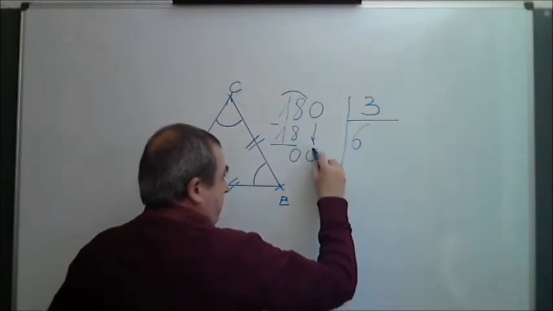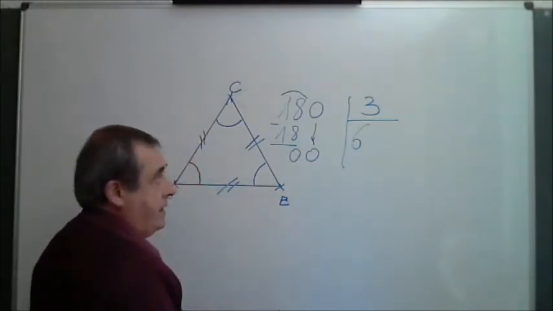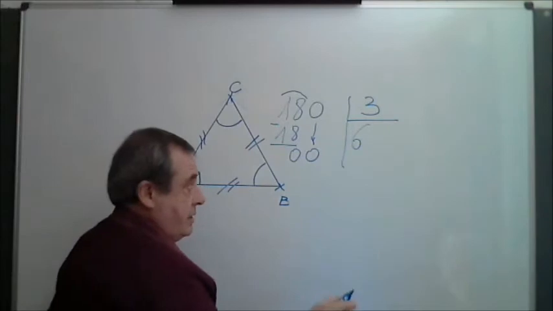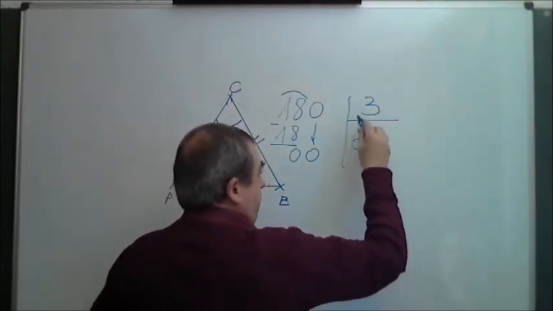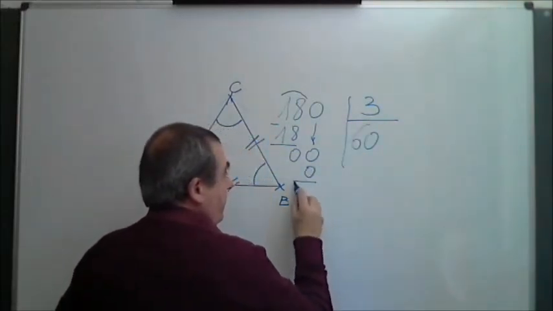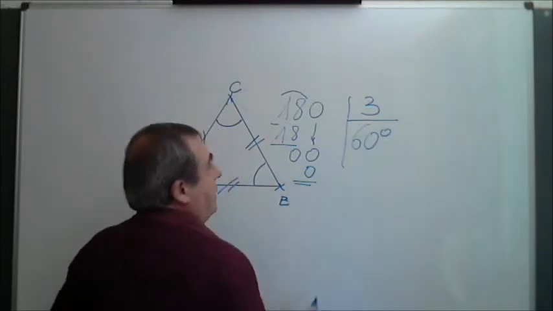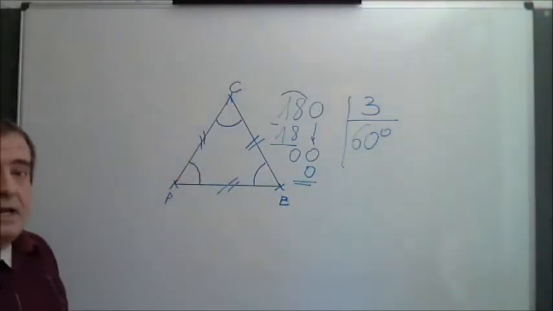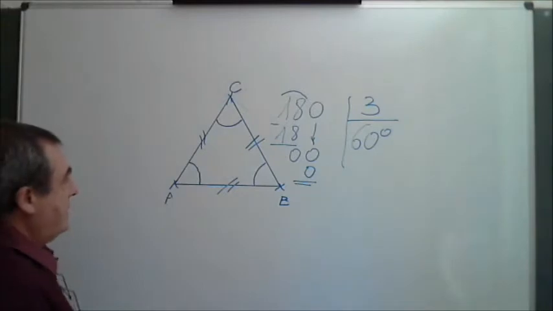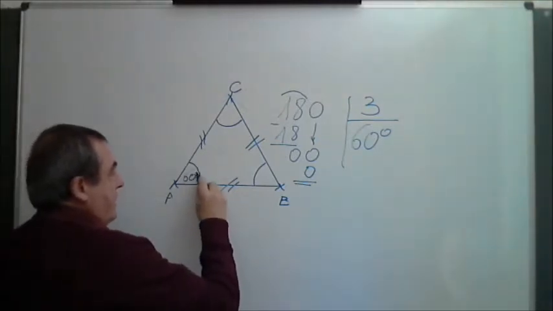The 0. In 0, how many times 3? 0. And so, I find 60 degrees. Each angle is 60 degrees.